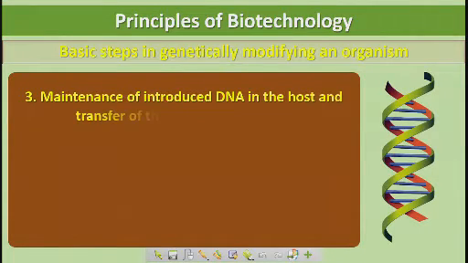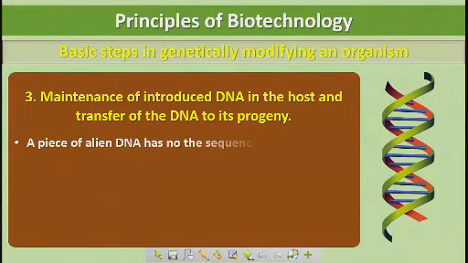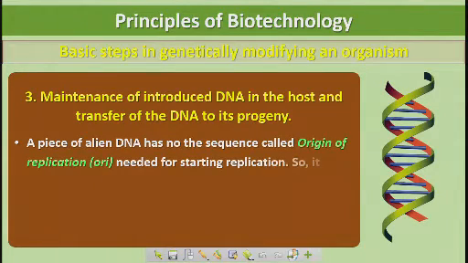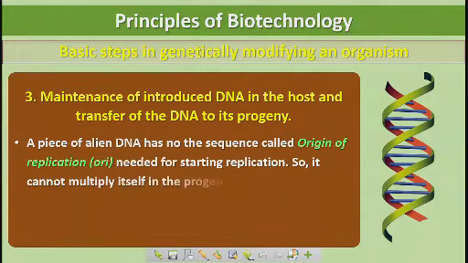Next step is the maintenance of introduced DNA in the host and transfer of DNA to its progeny. A piece of alien DNA has no sequence called origin of replication needed for starting replication. So, it cannot multiply itself in the progeny cells of the organism.